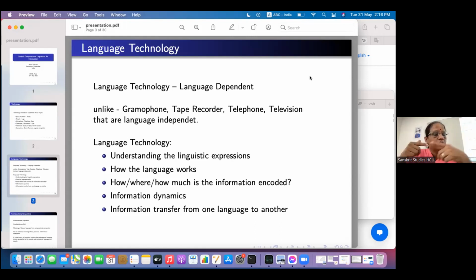Now we have used technology for languages in the sense that gramophones we used. In gramophones, we could record the sounds, music, but that was language independent. Whatever song is from whichever language, the gramophone worked well. We need not tune it for our languages.